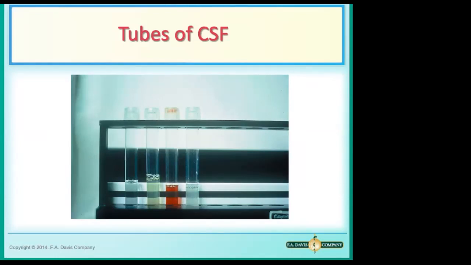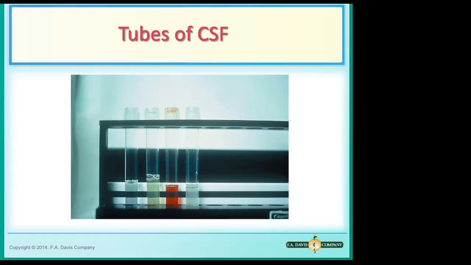All right, so again, xanthochromia is a term that we use to describe the CSF supernatant that is pink, orange, or yellow. But there are different factors that can cause xanthochromia, and the most common is the presence of red blood cell degradation products, so hemoglobin basically, because hemoglobin is a degradation product of red blood cells.